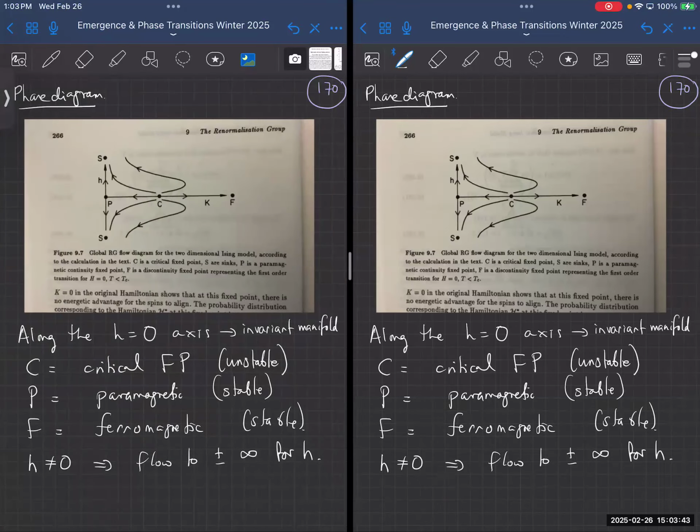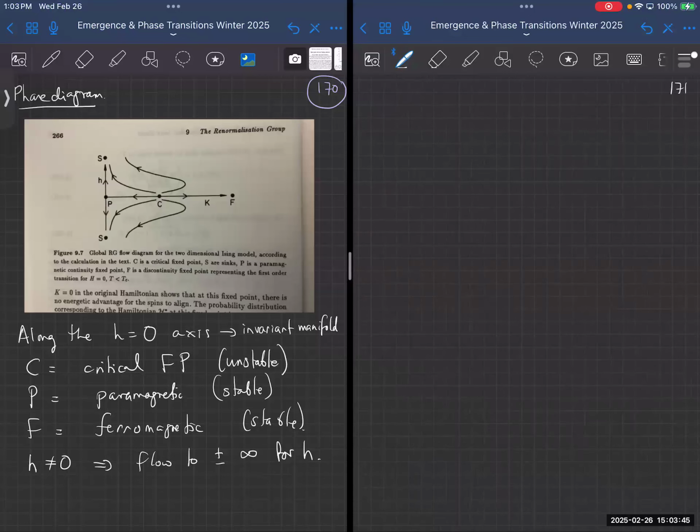Okay, so this is what the flow diagram looks like. Let's calculate what the eigenvalues are at these different fixed points. So let's have a look at the paramagnetic fixed point. At the paramagnetic fixed point, you can calculate the linearized eigenvalue transformations. So I simply have to look at the renormalization group transformations that we derived last time.